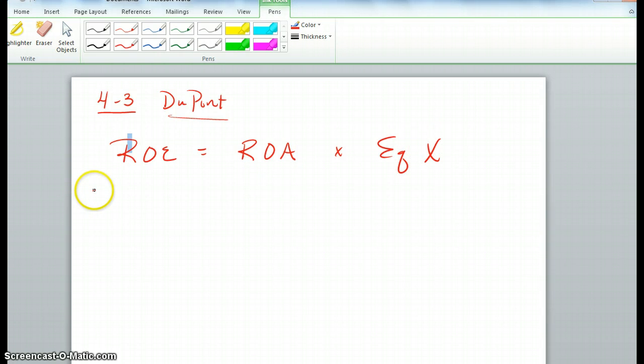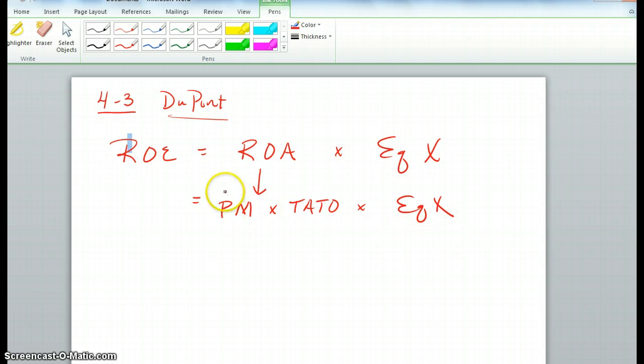We can go a little deeper into that layer and say return on equity equals the profit margin times total asset turnover times equity multiplier. So another way to calculate return on assets is profit margin times total asset turnover.